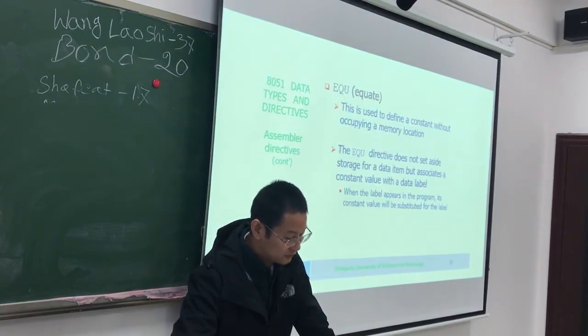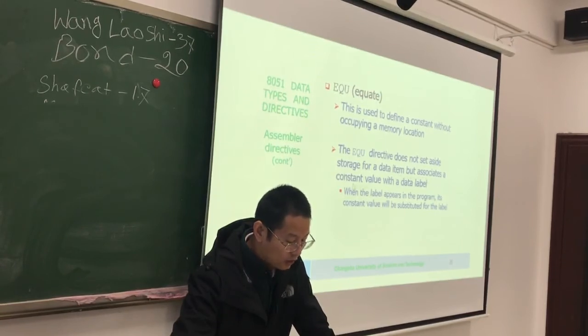EQU is used to define a constant without occupying a memory location. The EQU directive does not set aside storage for a data item, but associates a constant value with a data number.